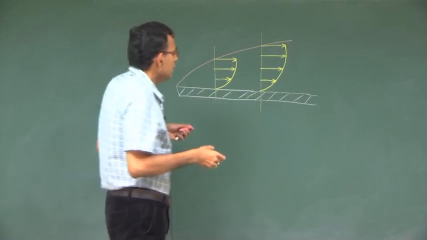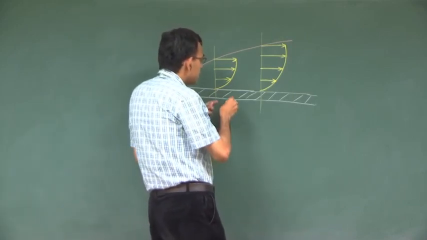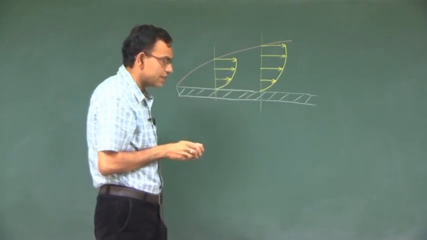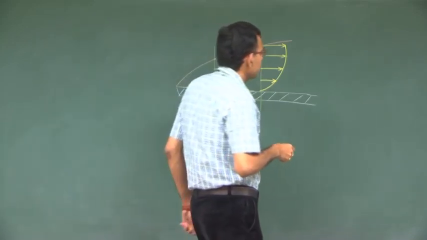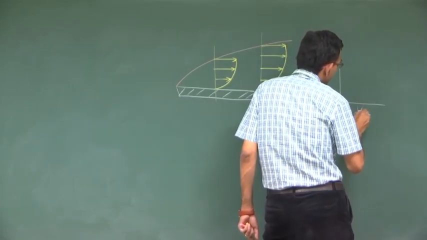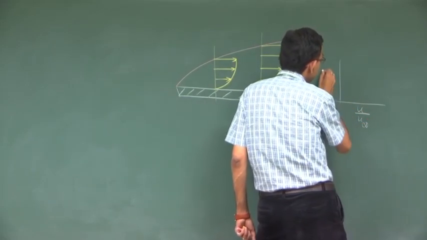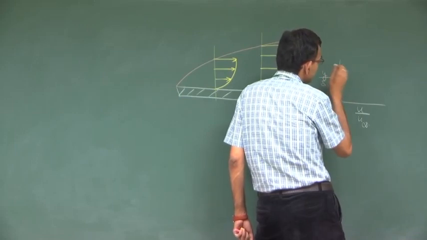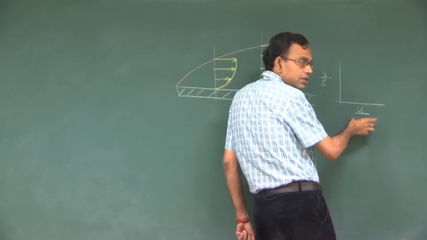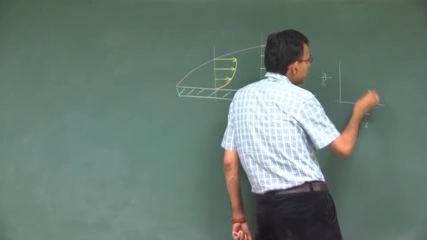So, now this is u versus y and it is different for different values of x, but if you make a plot of u by u infinity versus y by delta, then this is normalized between 0 to 1 and this is normalized between 0 to 1.